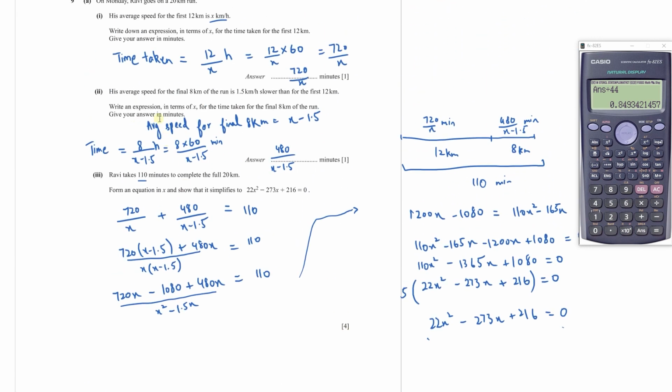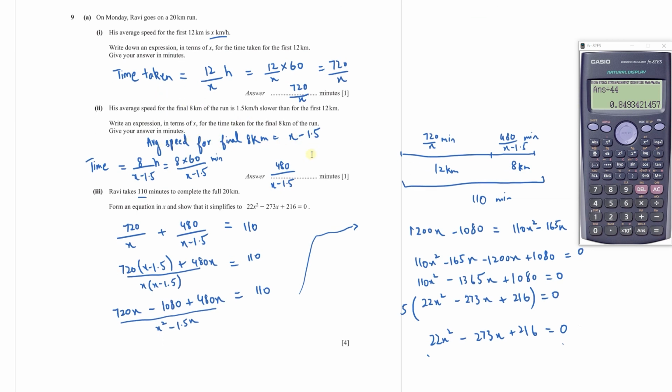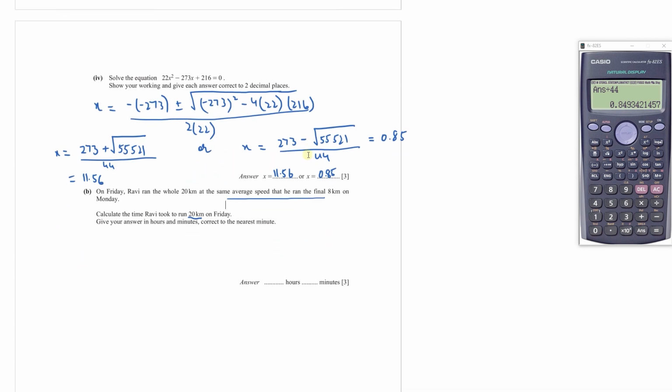So the average speed for the final 8 kilometers is x minus 1.5. So here your average speed for the full run is x minus 1.5.